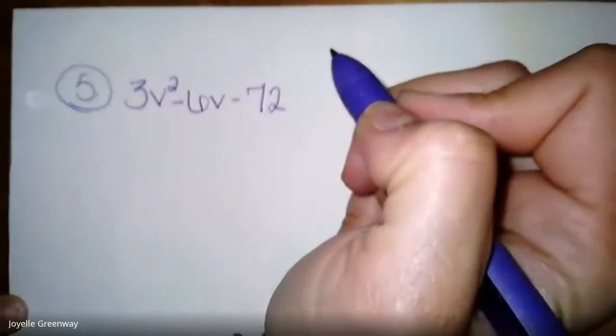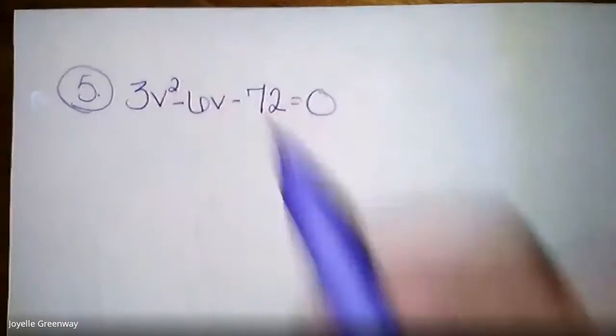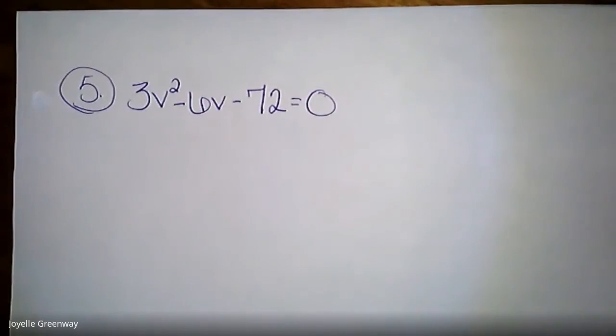So example 5, we have 3v squared minus 6v minus 72 equals 0. Okay, so the first thing that I notice is that my leading coefficient is not a 1.